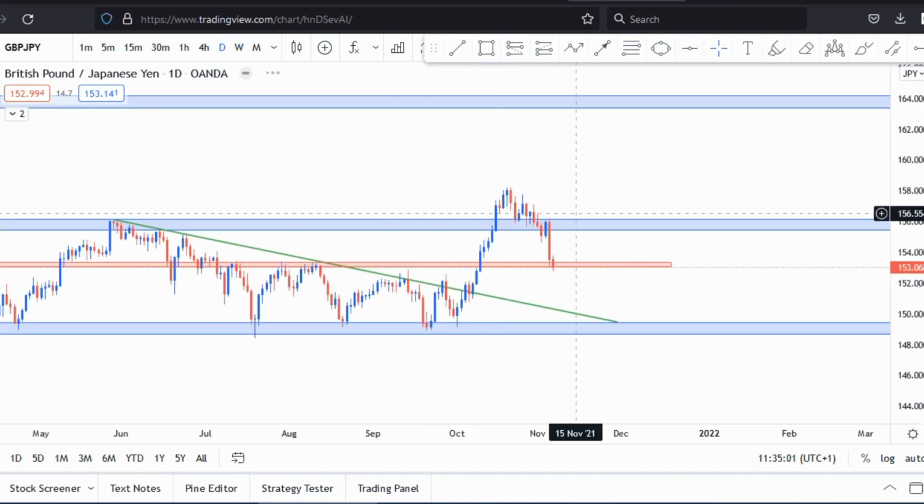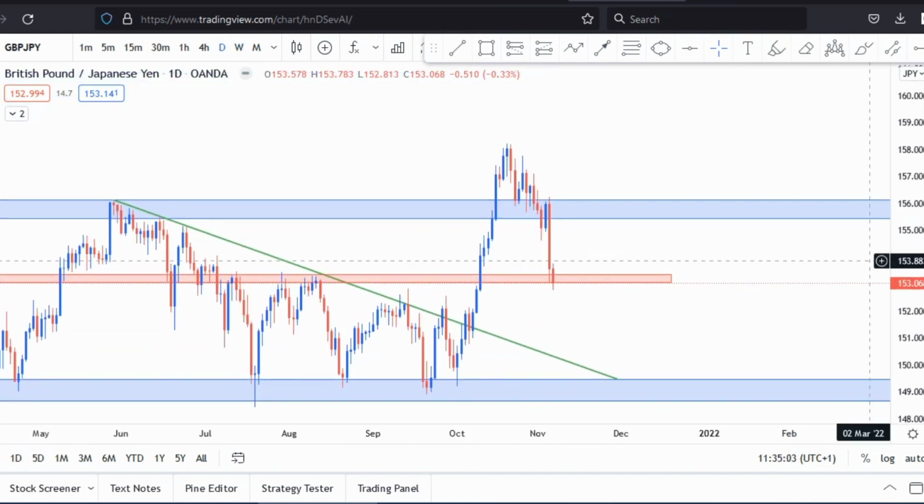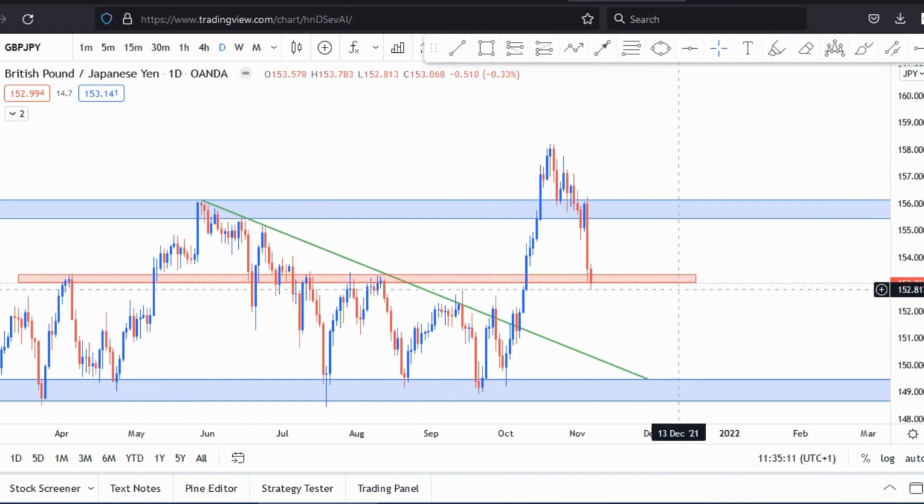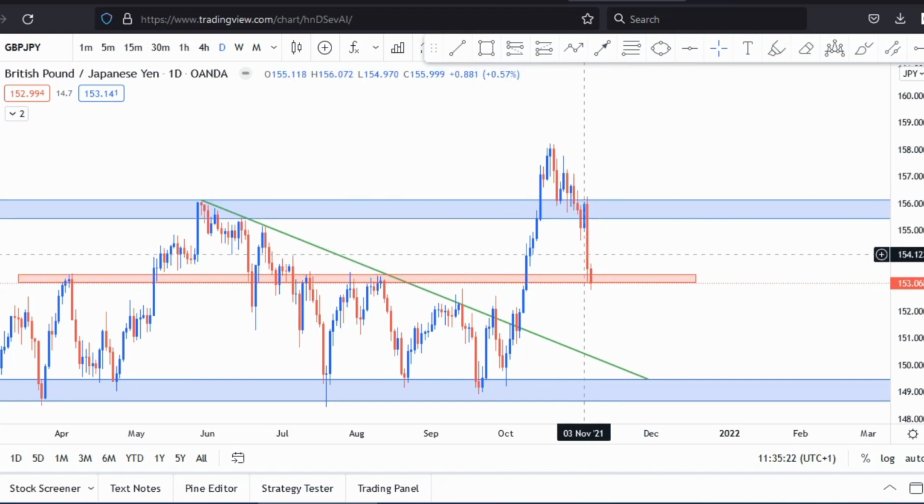Now, if we go to the daily time frame, we can see that price is currently at this daily support level, which has been tested several times over here, here, and here. Okay, so what we'll be looking out for is how price reacts to that level. Currently price seems to be strongly bearish, but we need to see how it reacts to this area here.